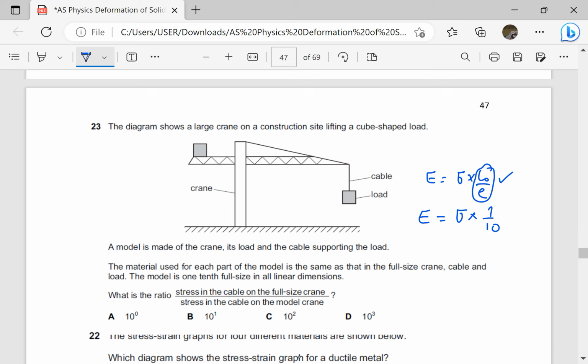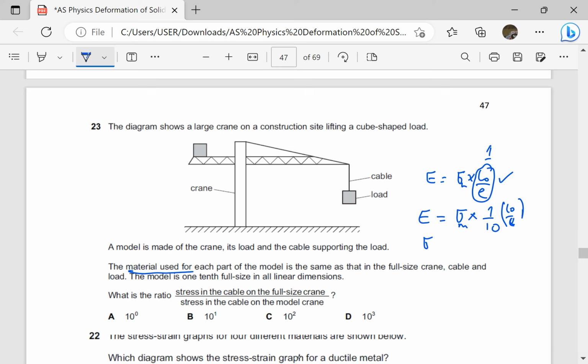And if this part is, let's say, 1, the other one is 1/10, it means when you combine these two equations, or when you divide the two equations, it is 1/10 times L naught over E, because it's 1/10 of all the dimensions. So if this is stress of the large crane, this is stress of the model. I want a ratio of the stress in the cable on the full size crane over the stress in the cable on the model crane. Now note that the Young modulus is the same because the material used is the same for each part.